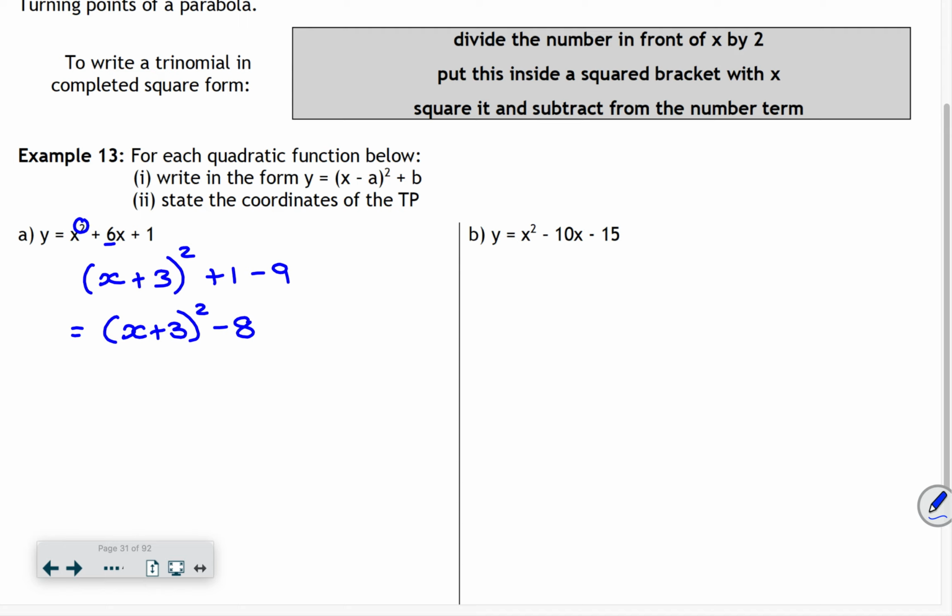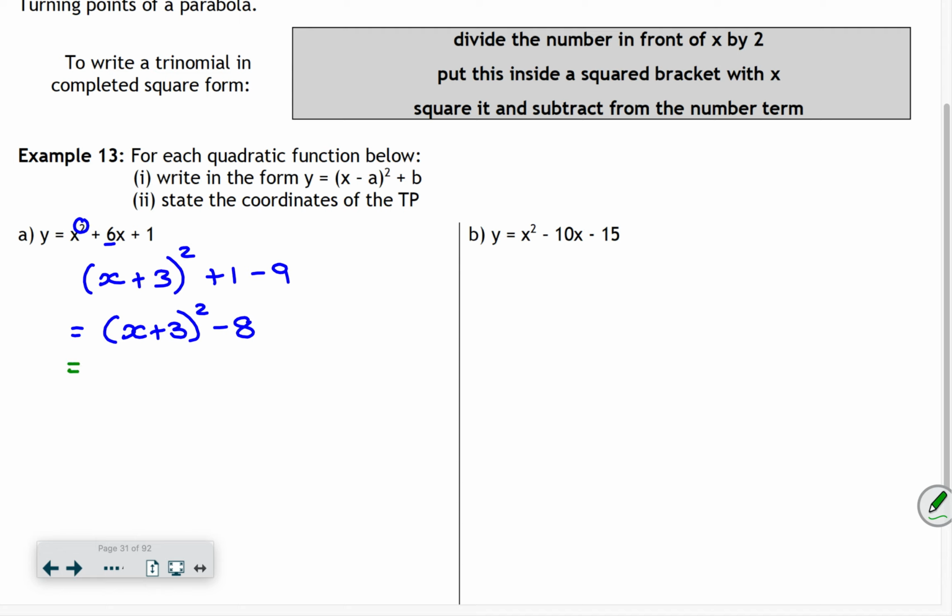Now remember, you can always self-check this. If you expand your brackets and simplify, you should always be able to go back to the original function. So let's do that. You don't have to do this, but let me just prove to you that this is the same as what we have.